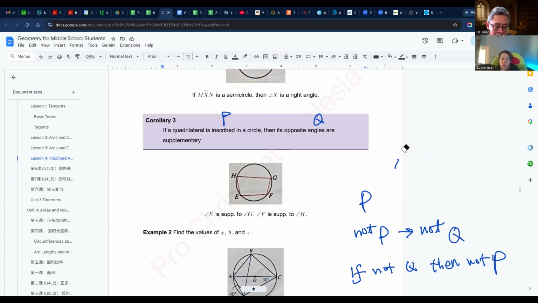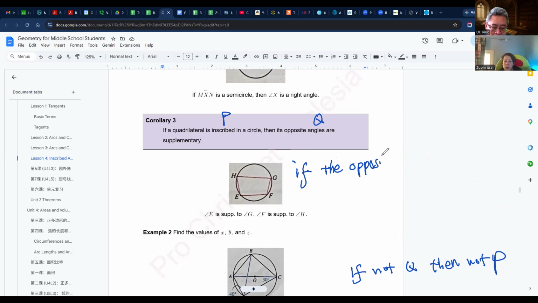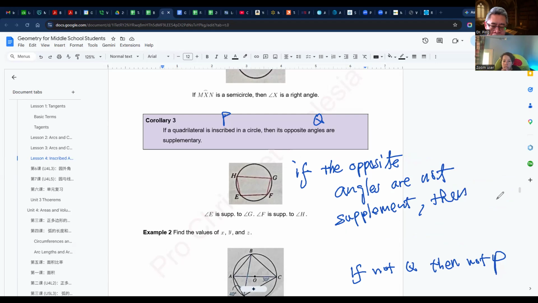If P then Q, so we have to change that to if not Q, then not P. So basically it says if the opposite angles are not supplementary, that's the not Q part, then the quadrilateral is not inscribed in a circle.